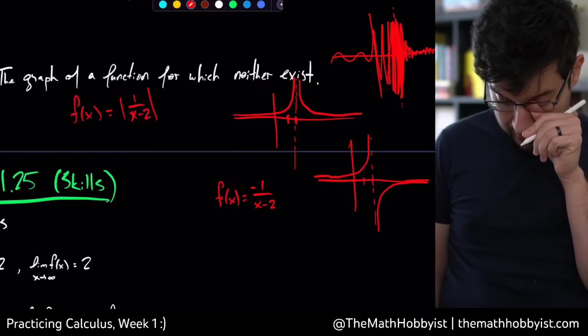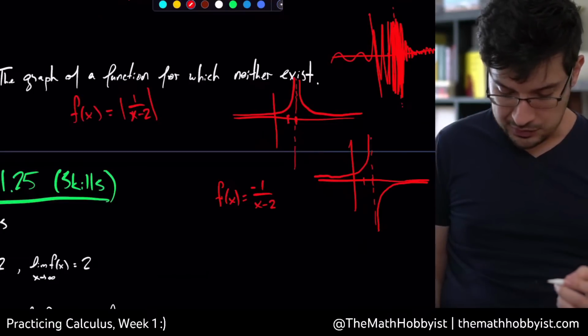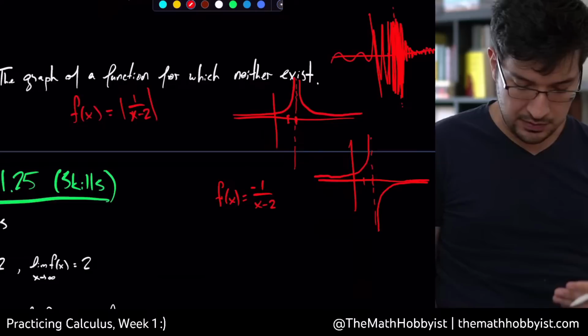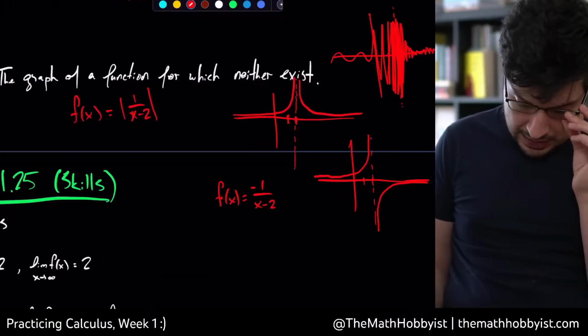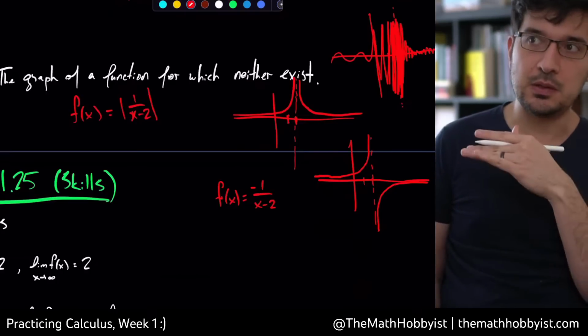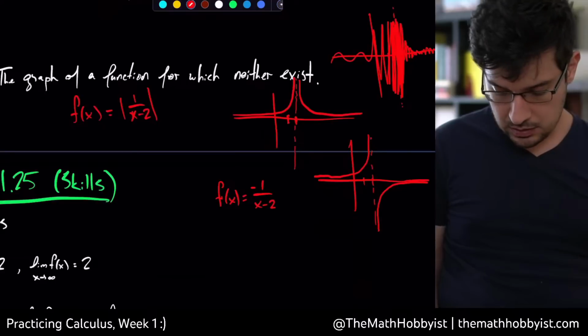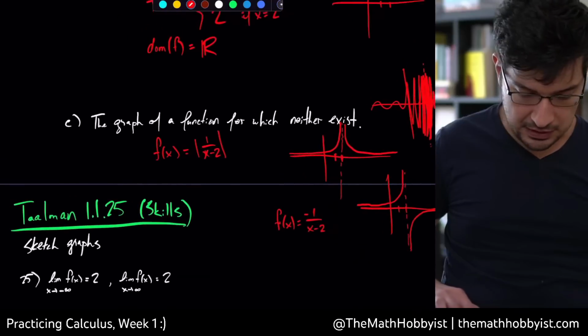When x is less than 2, then the value is positive. When x is greater than 2, we have a negative value. And when x tends to infinity, this is going to tend to 0, when it tends to positive infinity or when it tends to negative infinity.